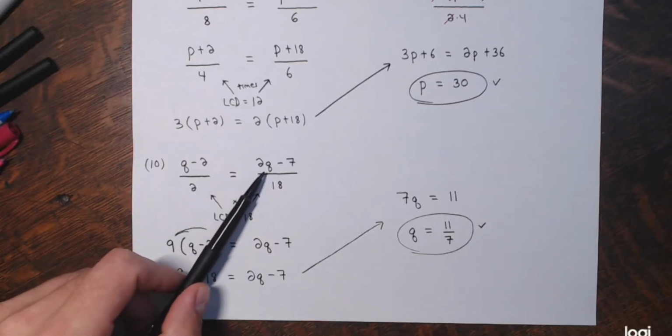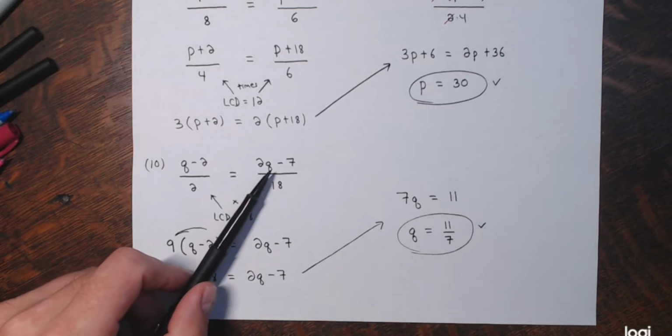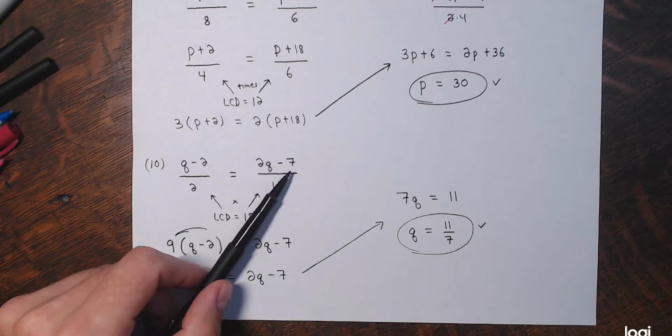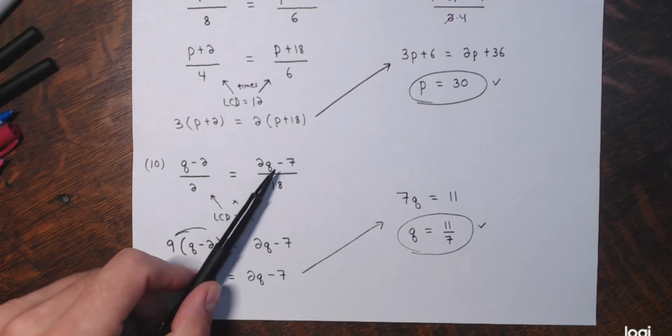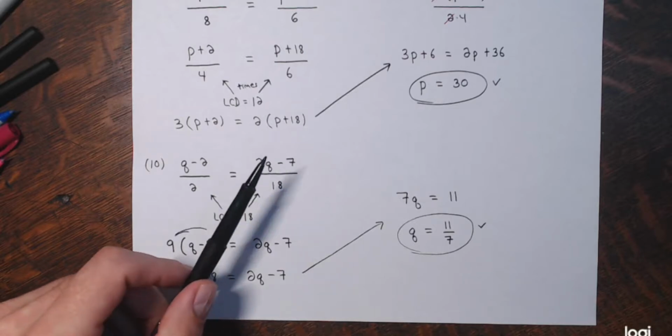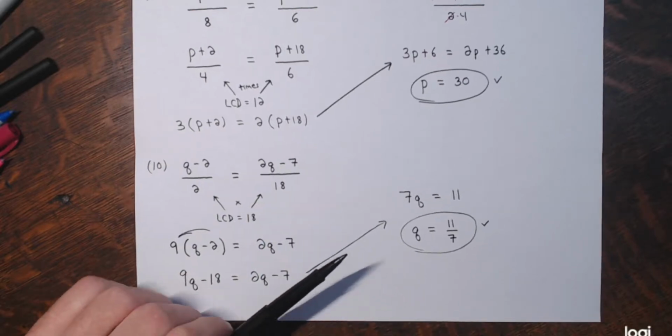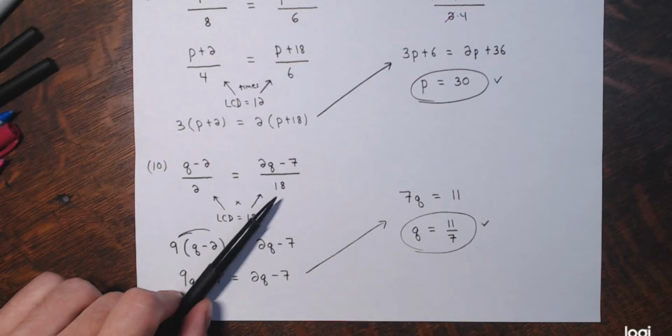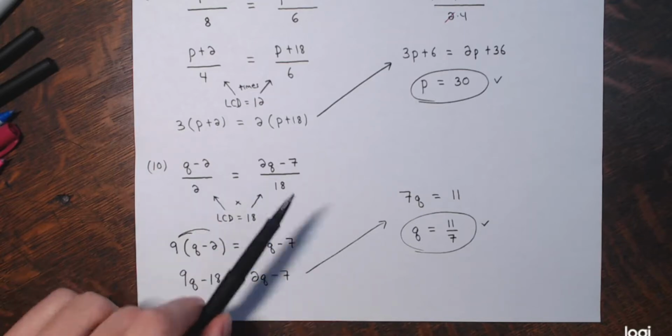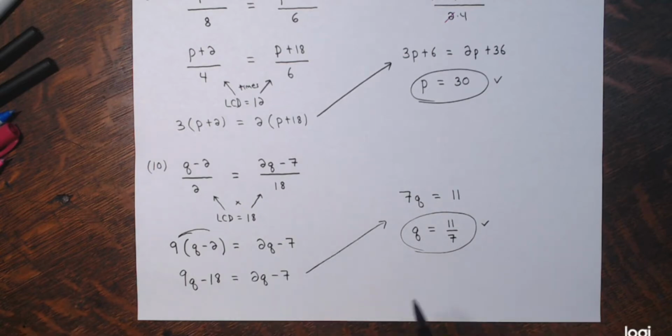And then 2 times 11 sevenths would be 22 sevenths minus 49 sevenths, since 7 is 49 sevenths. 22 sevenths minus 49 sevenths would be negative 27 sevenths, times 1/18 would end up being negative 3 14ths. You'd have negative 3 14ths on both sides. 11 sevenths is the good solution.